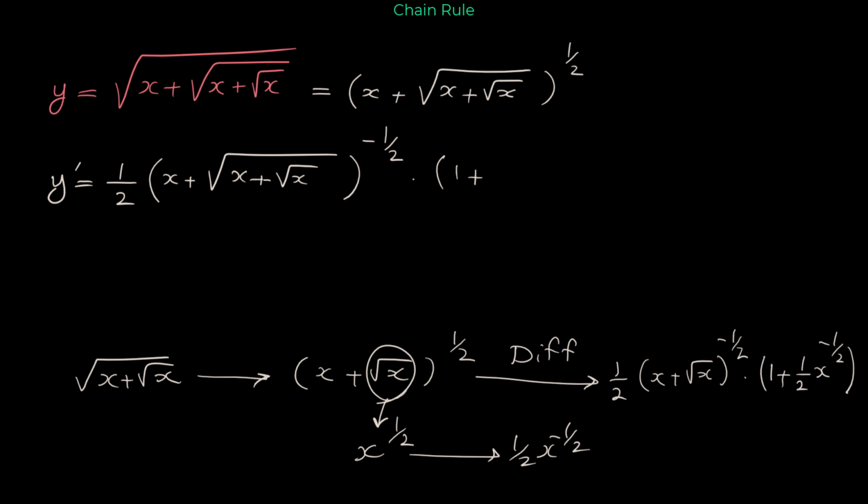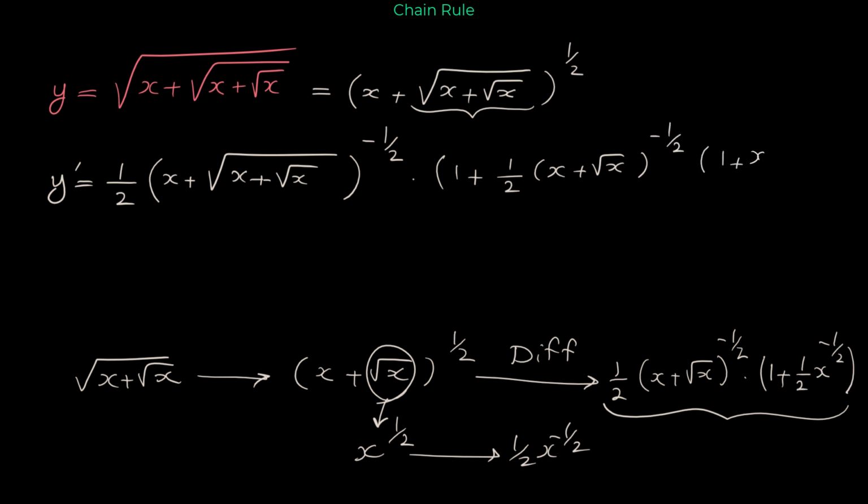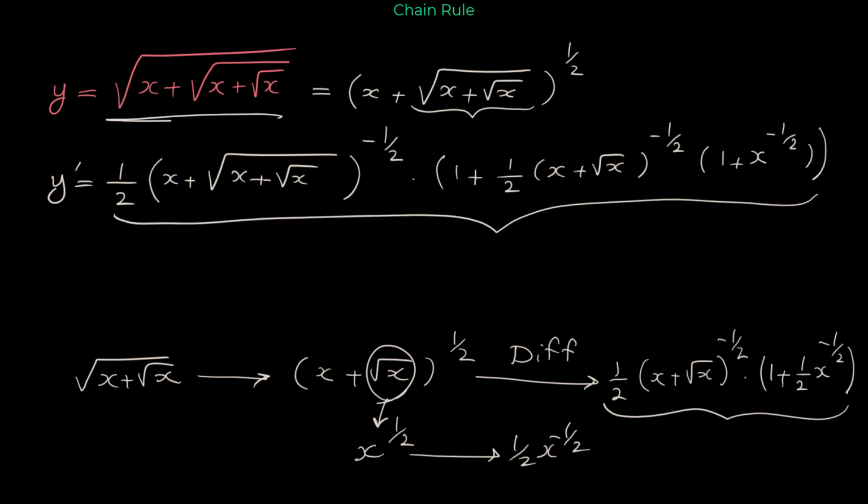So the derivative of this expression here is this, so plus 1/2 times x plus radical x all to the power of -1/2 times 1 plus 1/2 x to the -1/2. And this is the derivative of this function.